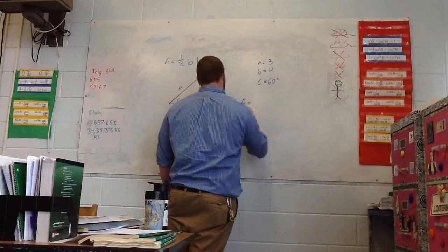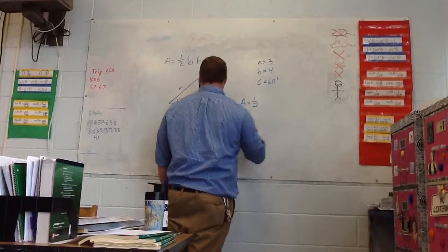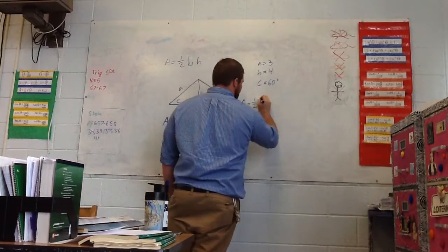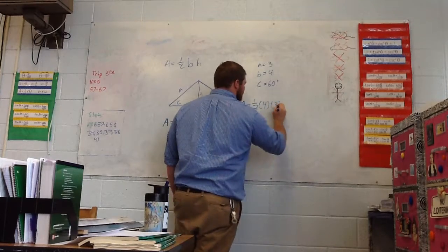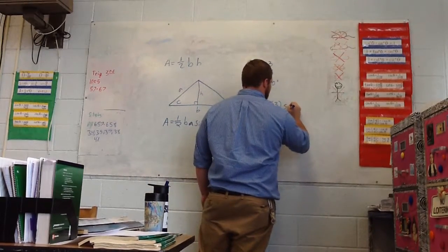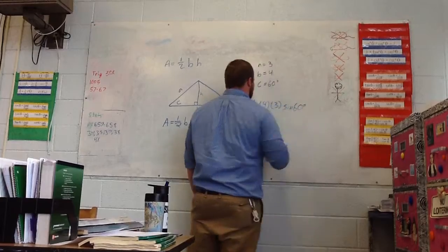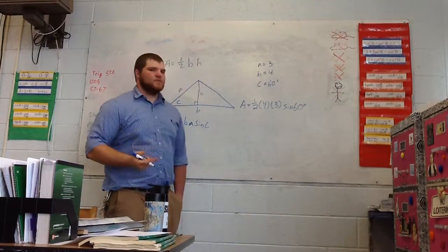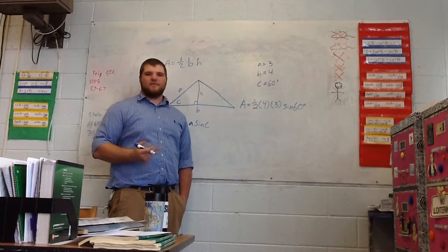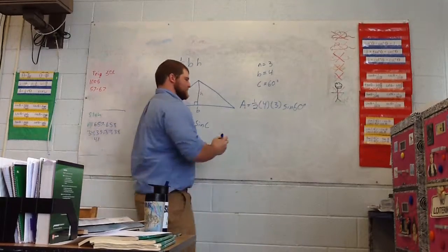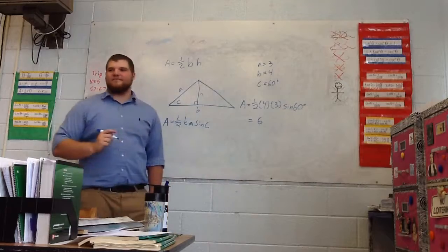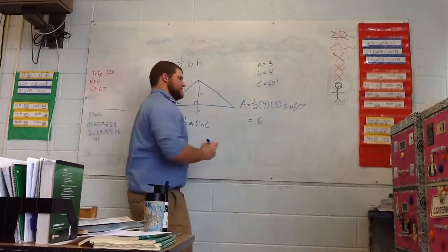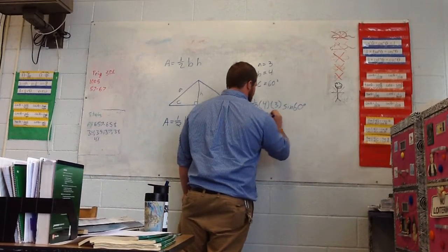Alright, so calculator really isn't needed. 1/2, your B is 4, your A is 3, and we take sine of 60. Alright? 4 times 3 divided by 2 is what? 6. Sine of 60 is square root of 3 over 2.